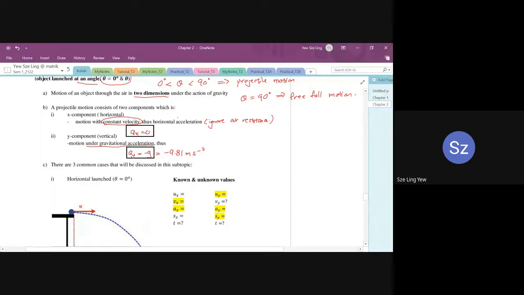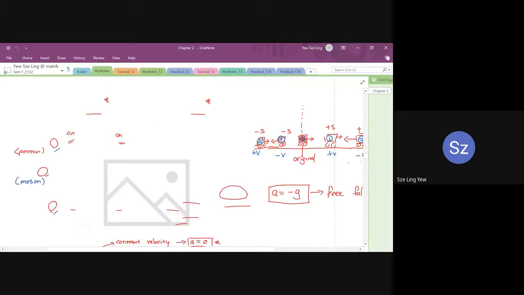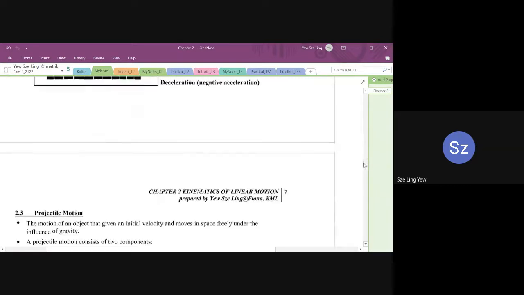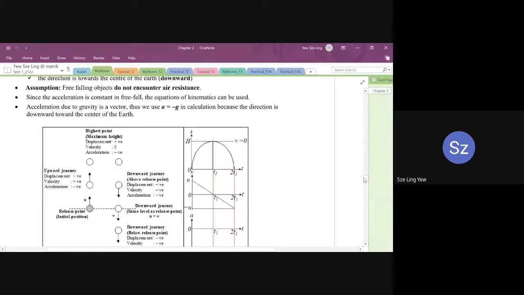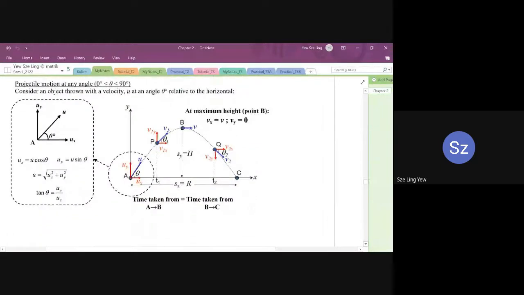Why x and y components? Now let's look at the diagram here. The reason we look at it in terms of two components is because, for a projectile motion, we often take the tangent of the curve. So when you look at the tangents of the curve, you look at this u, this v1, this v, v2.